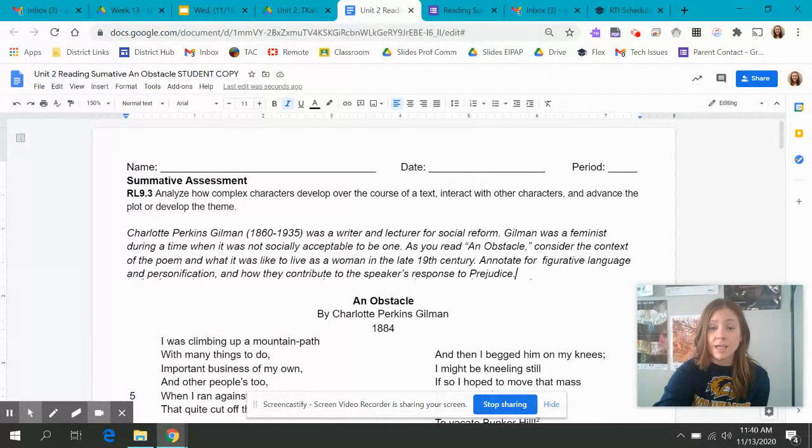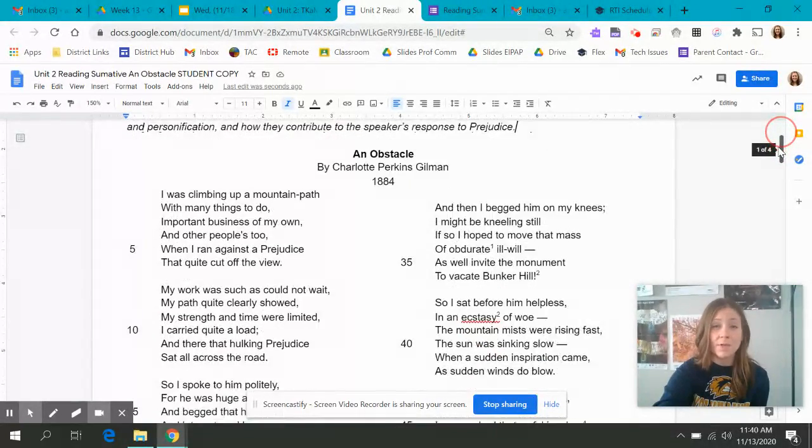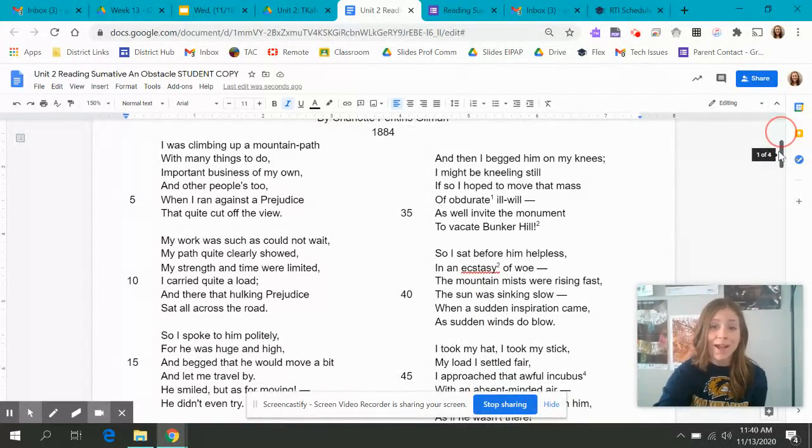One, that it is a proper noun. It is not a common noun. And two, that this is one of the most important words in this entire background information. So here, if prejudice is capitalized, then it's being treated as a name, almost as if prejudice was personified and it was a person. So we are going to read this short poem. I do recommend that you read along with me because why not?